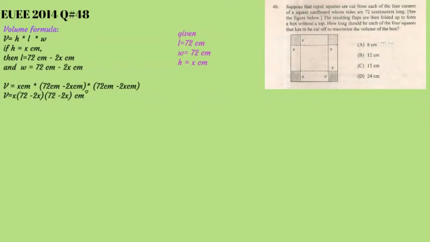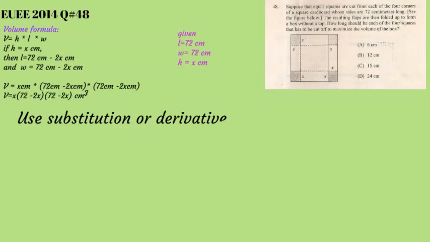So we can answer this question using a derivative, but there is also another way, a shortcut that we could do, plug and play, the substitution method. Some people are fast calculating this using derivative. You could do that, but let me show you how to use the substitution.